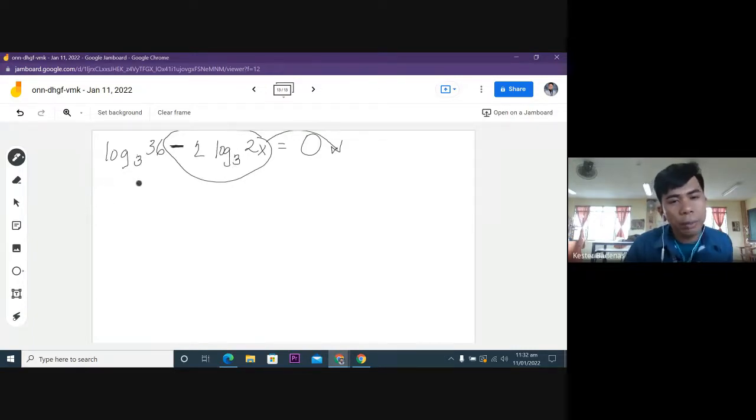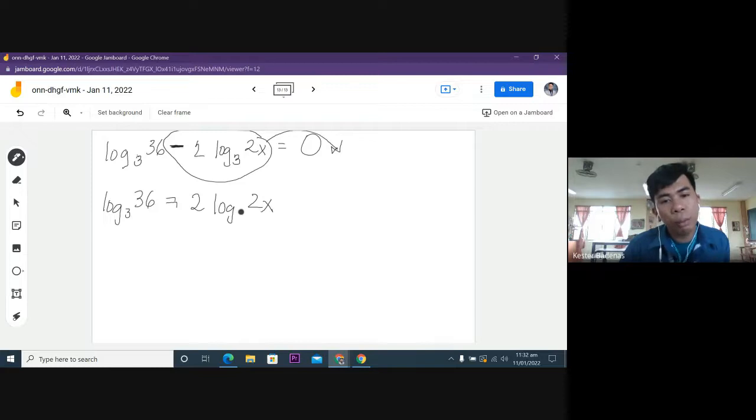Di ba? So, tignan nyo. Ilipat ko sa kabila, magiging logarithm of 36 with the base 3 is equal to logarithm of 2x with the base 3. And then, iaangat ko dun yung 2 sa taas. So, magiging logarithm of 36 with the base 3 is equal to logarithm of 2x squared with the base 3.